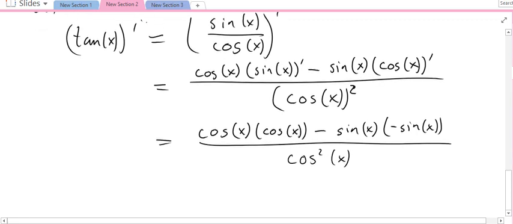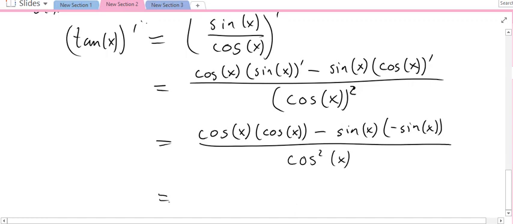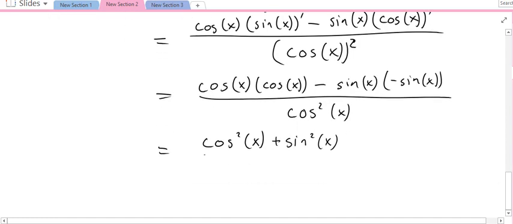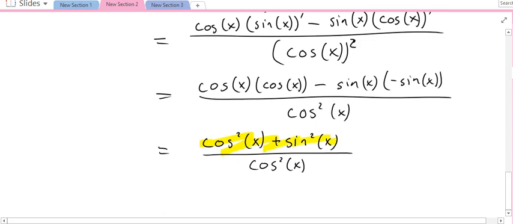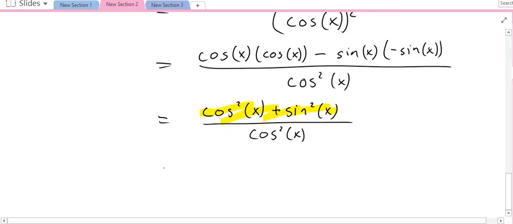From there, we get cosine squared of x, and then we have sine times sine, so that's sine squared. We have a minus and a minus, so this becomes a plus sine squared of x, all over cosine squared of x. If we remember our trig, cosine squared plus sine squared is just equal to 1.